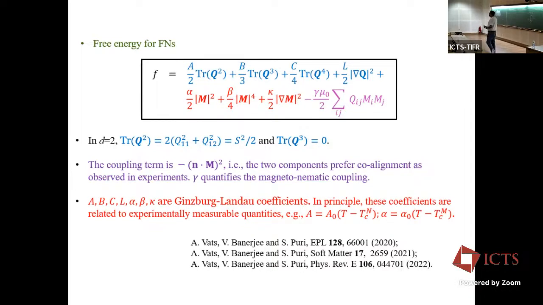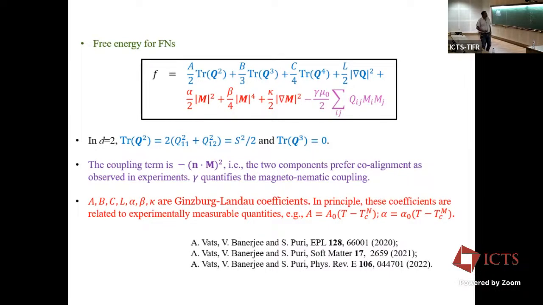And the second thing it does is it's symmetric under n going to minus n, because you don't want to discriminate between the up and the down states in this simplest version of the theory. So this coupling term, which is exactly that expression out there, makes the two components n and m align parallel to each other, as was dictated by the experiments of Mertelj et al.